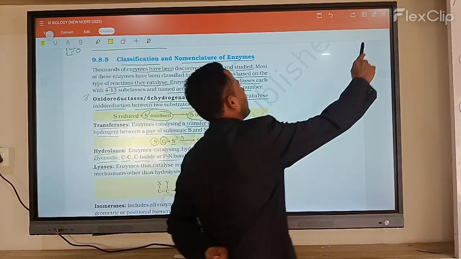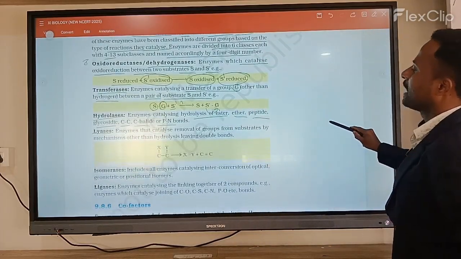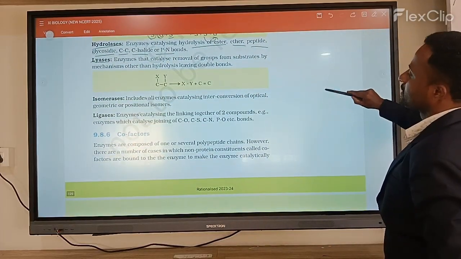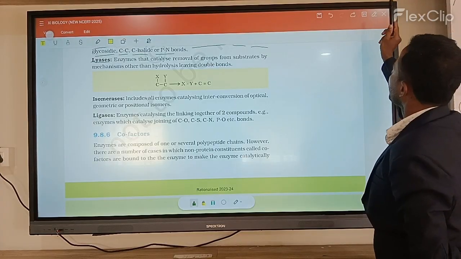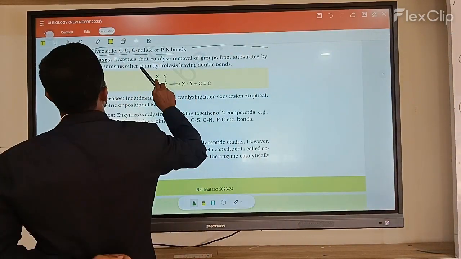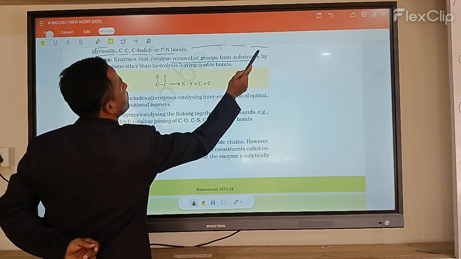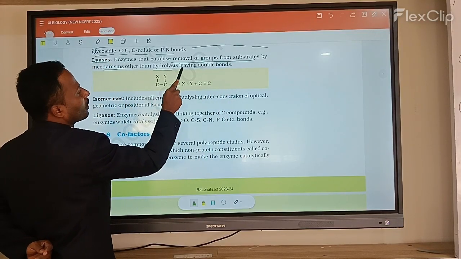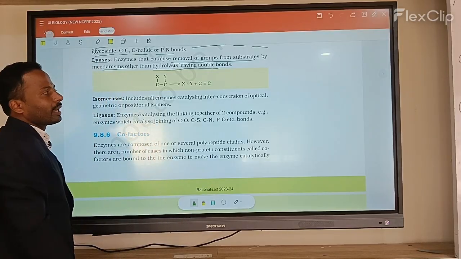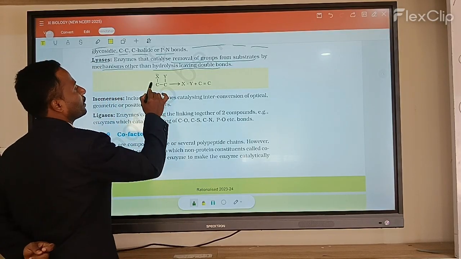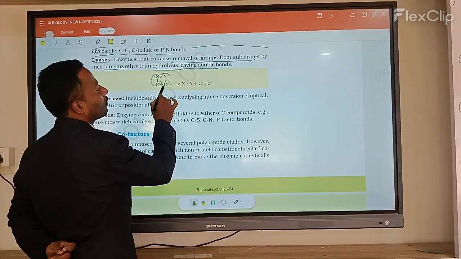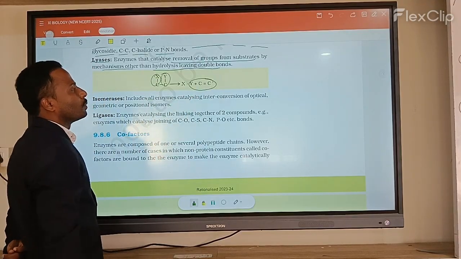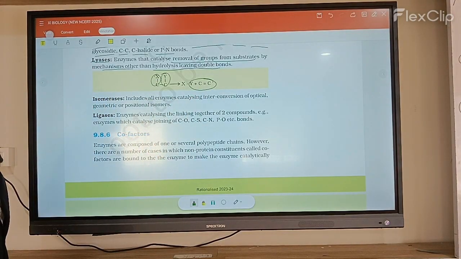These enzymes catalyze the removal of groups from substrates by a mechanism other than hydrolysis, often leaving a double bond. So for the removal of groups, the lyase enzyme helps.